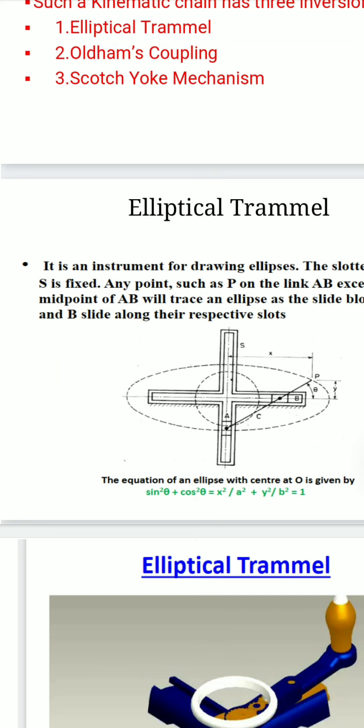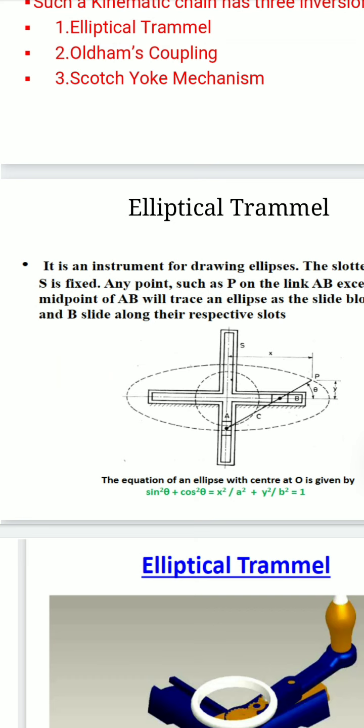Any point such as P on the link AB, except the midpoint of AB, will trace an ellipse as the slide blocks A and B slide along their respective slots. So the slotted frame S is fixed, which is shown with a plus mark here.